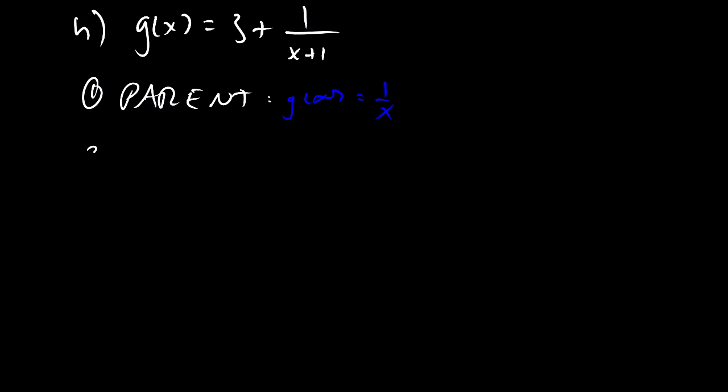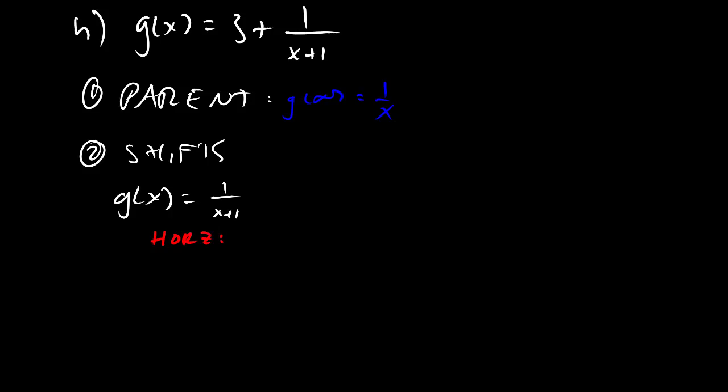Nice parent. 2, we're going to talk about shifts. So g of x is equal to, start off small, 1 over x plus 1. Now here's the crazy part. The 1 is attached to the x. That means it's going to be a horizontal. Horizontal what? Positive 1. We're going left 1.